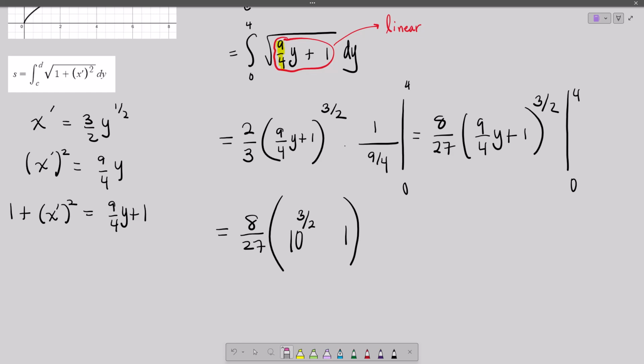So we subtract off, plug in 0, we get 1 to the 3/2. 1 to the 3/2 is just 1. Is everybody seeing that? So we plug in the 4. The 4 cancels with the denominator. We get 9 plus 1, which is 10 to the 3/2. Right there. And then we subtract off whatever this is evaluated at 0. When we plug in 0, we get 1 in here. 1 to the 3/2 is 1, so we're subtracting off 1.